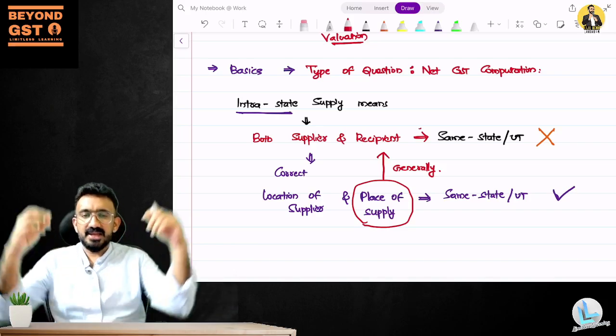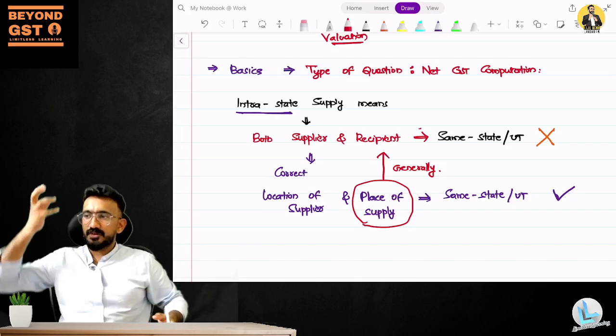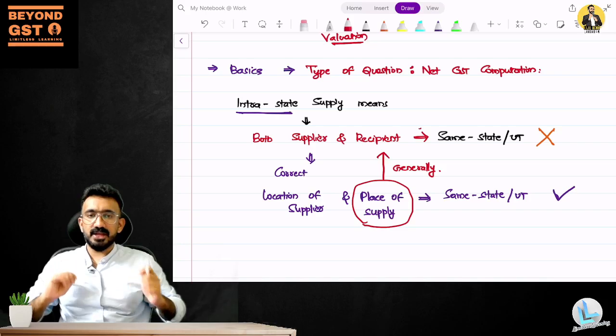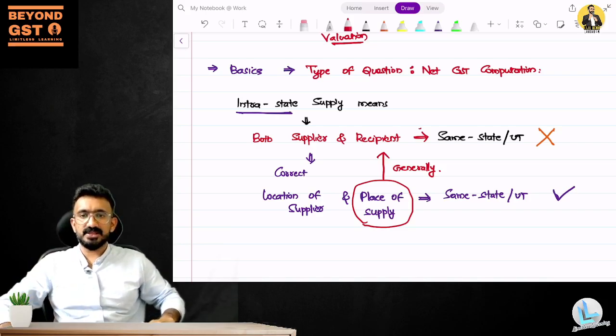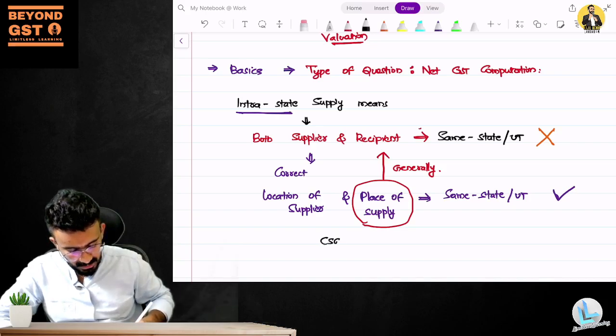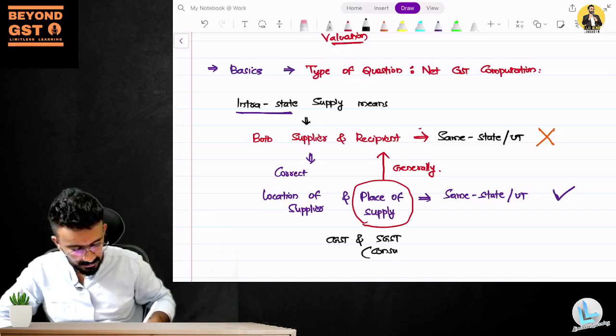So they said if the location of supplier and place of supply are in same state or union territory, we call that supply as intrastate supply, and we would levy CGST and SGST of the consuming state.